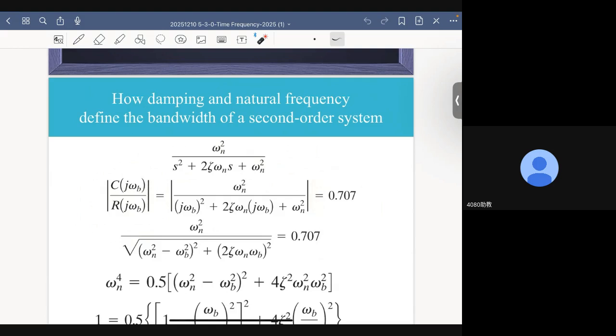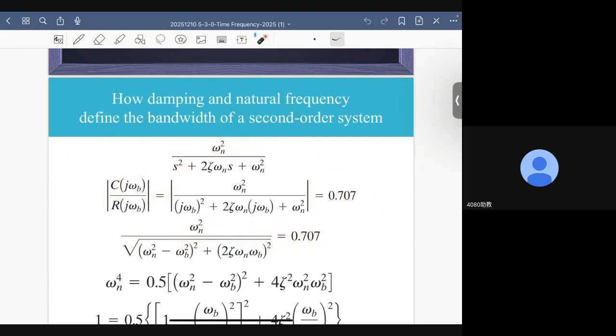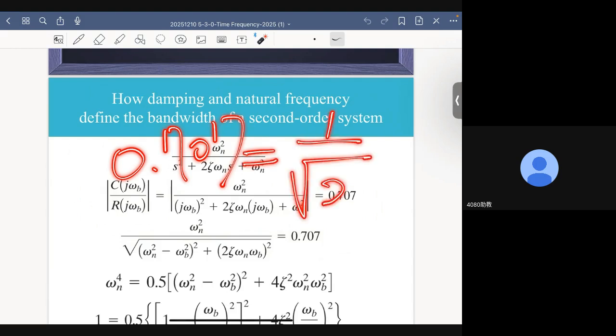That is because 20 log 0.707 is equal to -3 dB. Now, why 0.707? Because 0.707 is equal to 1 over square root of 2.